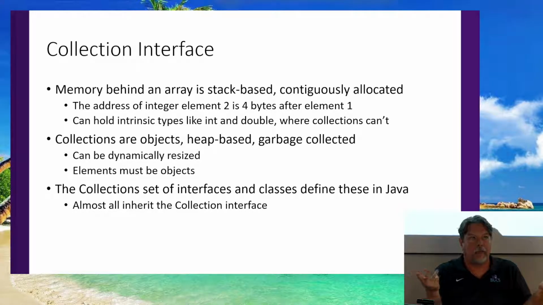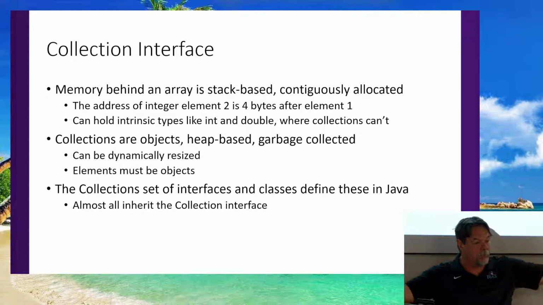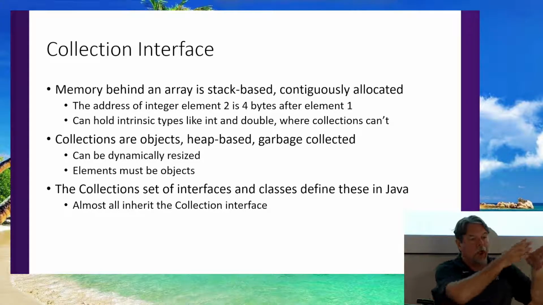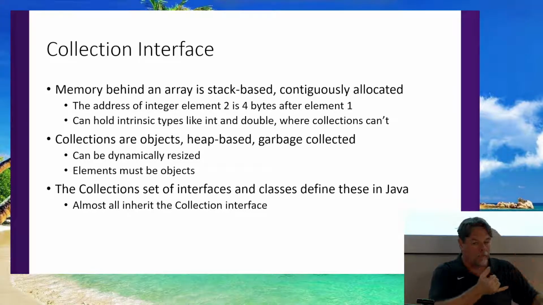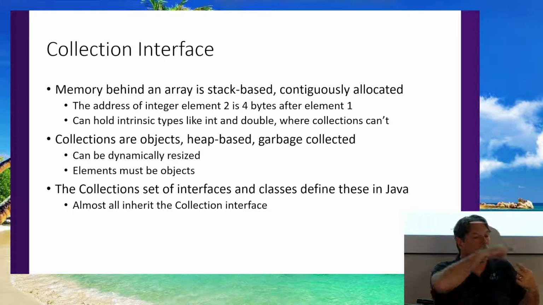The stack is a block of continuous memory that is allocated at runtime at the start of your program, and that's where, as the program is running, local variables, function parameters, when you call a function, it puts the address where to come back to on the stack.